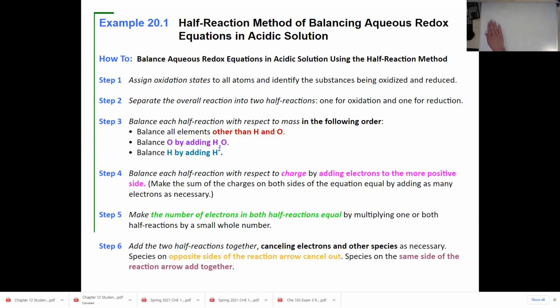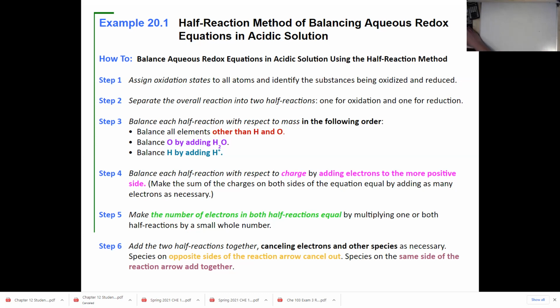So if you have 3 electrons in the oxidation half reaction and 2 electrons in your reduction half reaction, you'll have to multiply oxidation by 2, so you end up with 6 electrons, and the reduction by 3, so you end up with 6 electrons. Hopefully I said that right. But 2 times 3 is 6. So you have to multiply by the number that will give you the same amount of electrons in both your oxidation and reduction half reaction.